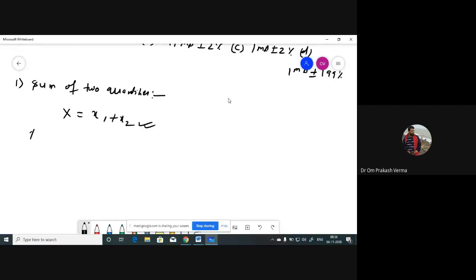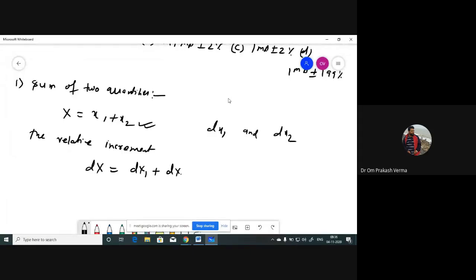How do you find it? The relative increment: let's say the increment in x1 is dx1, and the increment in x2 is dx2. So overall, the increment dx becomes dx1 plus dx2.